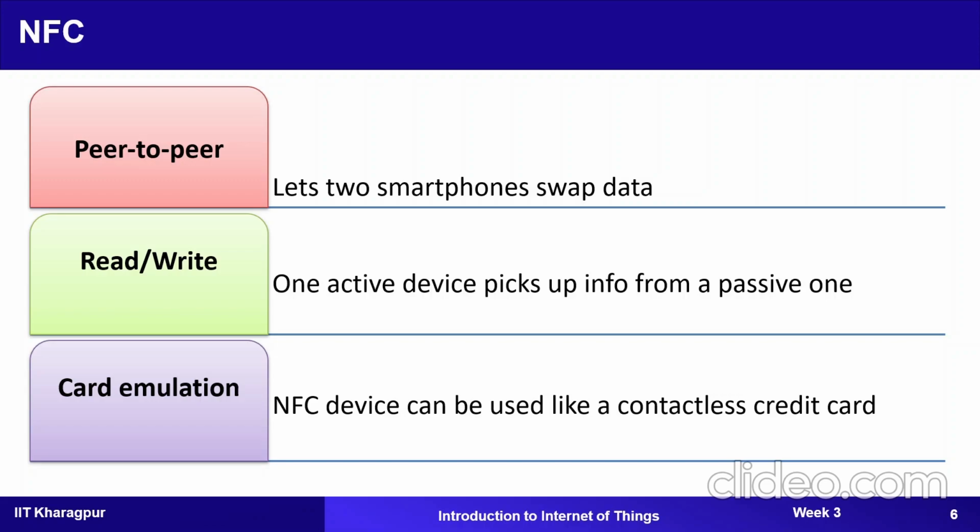Now the features of ISA 100.11a are that it is flexible, it supports multiple protocols, and there is use of open standards. It supports multiple applications, provides reliable data communication, and TDMA and QoS support is there.